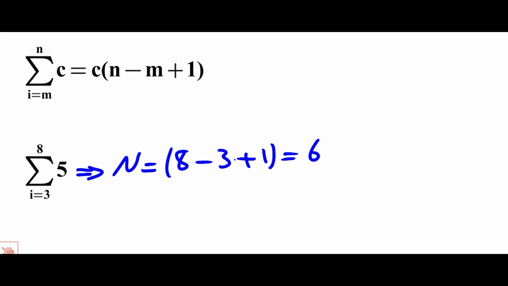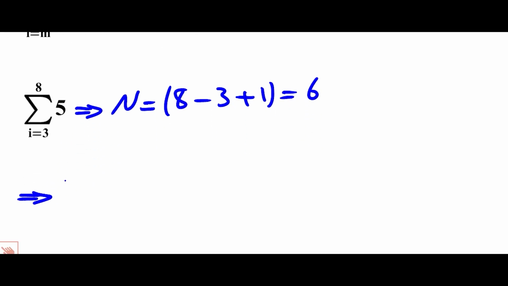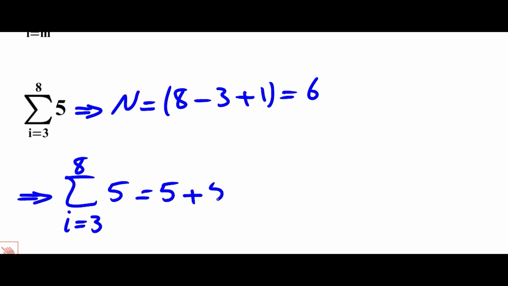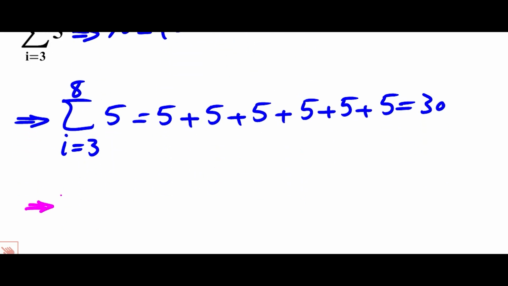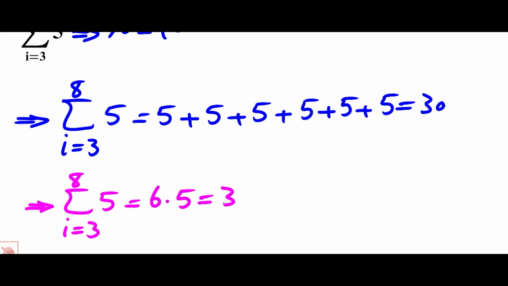So the sum of 5 from i equals 3 to 8 equals 5 plus 5 plus 5 plus 5 plus 5 plus 5, that is 1, 2, 3, 4, 5 and 6 terms, equals 30. So the sum equals 6 times 5 equals 30.